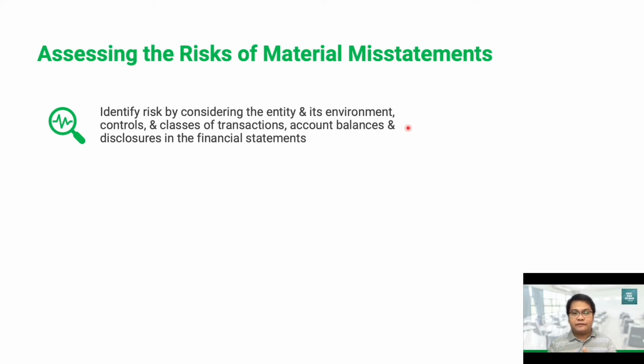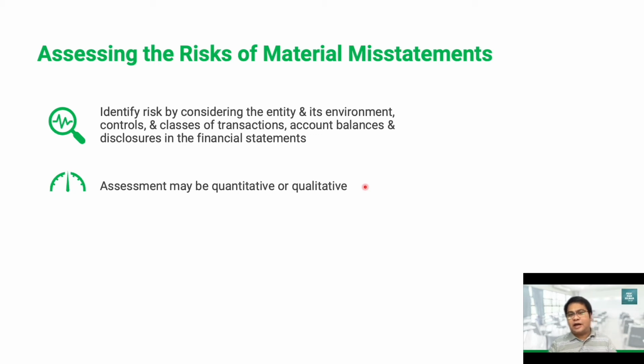After we have an understanding of this, we can express our assessment in terms of numbers like percentage. For example, a risk can be expressed, let's say, as a 100% risk or 75% risk or 50% risk. That is a quantitative assessment. Or we can also do our assessment on a qualitative basis, like for example, high risk, moderate risk, or low risk.